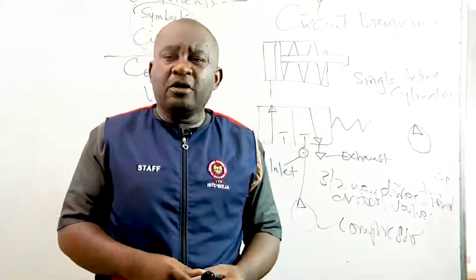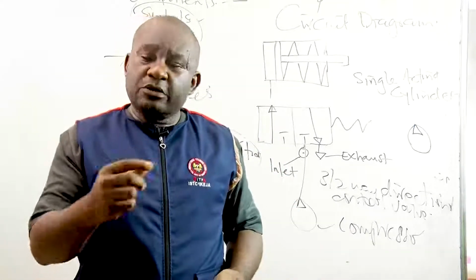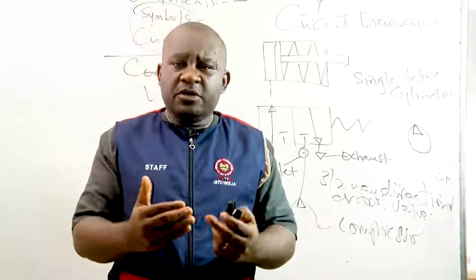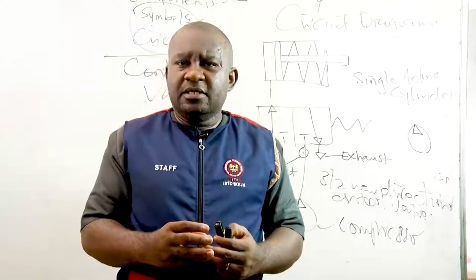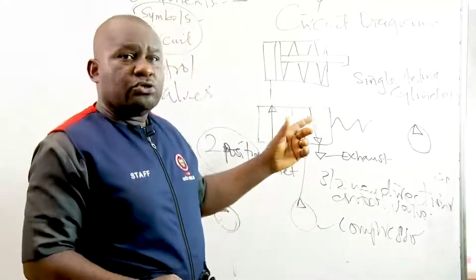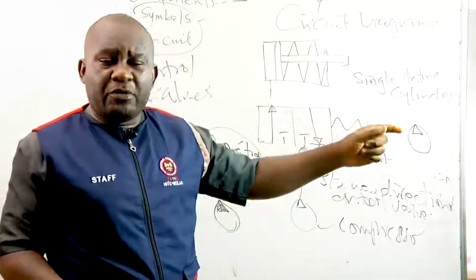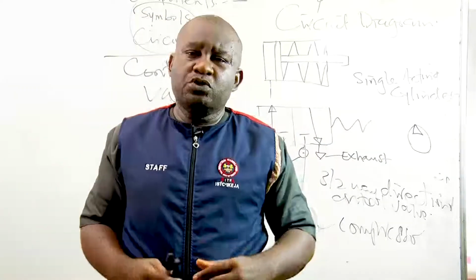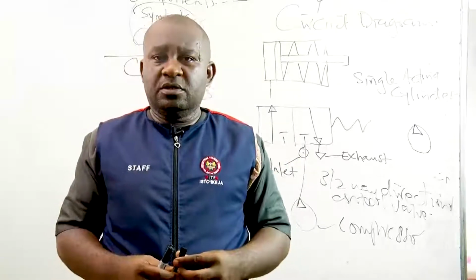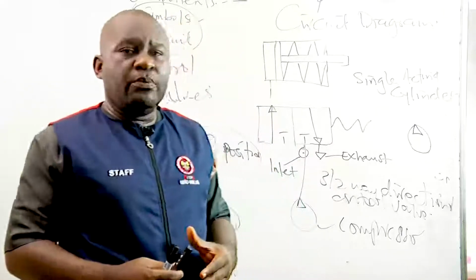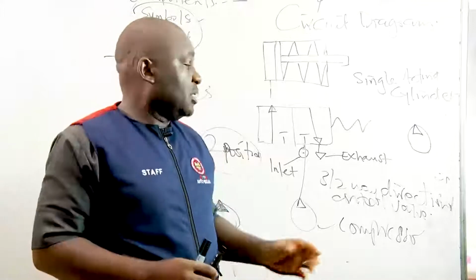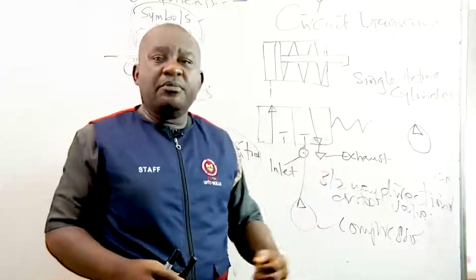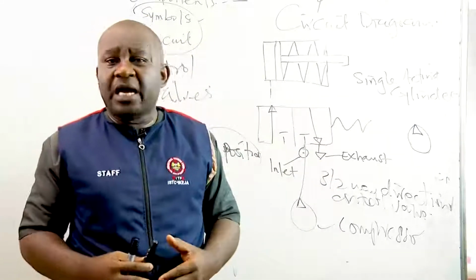So how do you come about a pneumatic circuit diagram? When you bring these components together, first, remember we talked about air production, air preparation, and then air consumption. These different components that do these different things can be combined to form a pneumatic system circuit diagram.